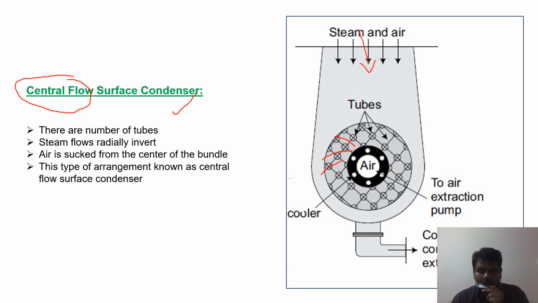So we collect the air at the center, so it is called a central flow condenser, because some amount of air is dissolved in the steam. When it condenses, the air will be liberated from the steam. That air we are collecting at the center, so it is called a central flow surface condenser. After condensation, the condensate will be collected at the bottom. This is regarding the central flow surface condenser.